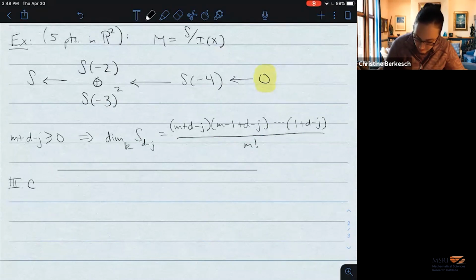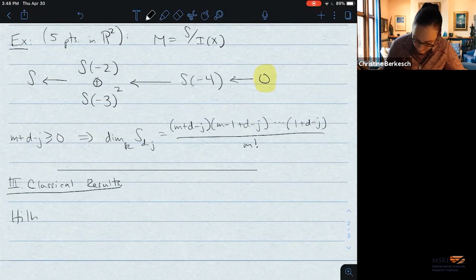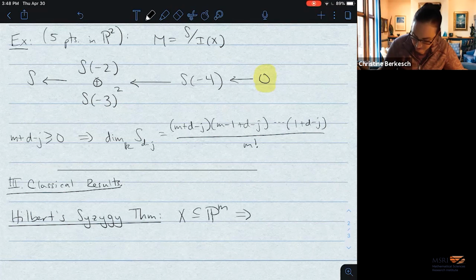So we'll call these classical results. I don't think that's too controversial. Okay, so we'll state this in maybe a slightly non-standard way.